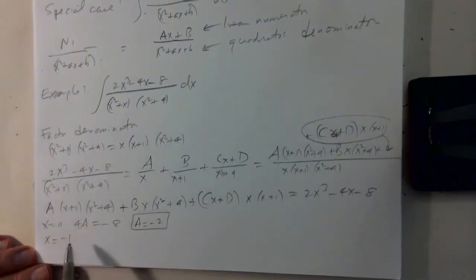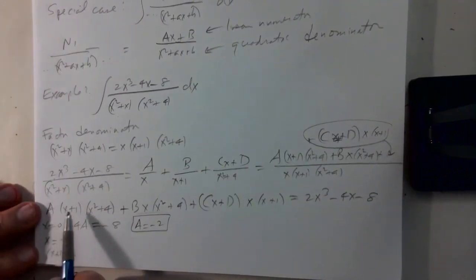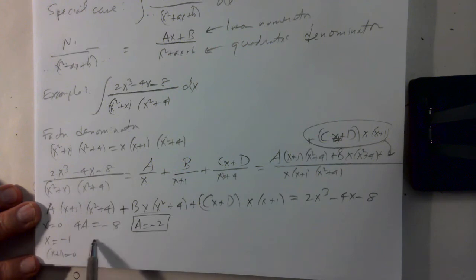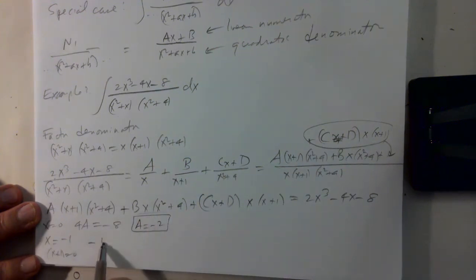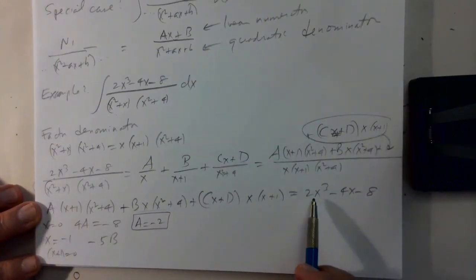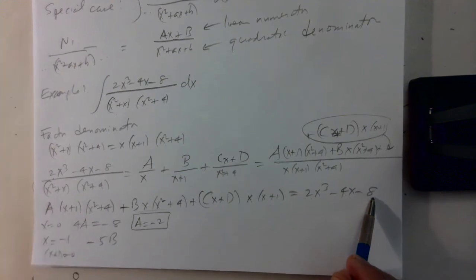If we let x equal minus 1, so x plus 1 is 0, these terms are 0. So when x is negative 1, we get minus b times 5, minus 5b. And when x is negative 1 over here, we get minus 2 plus 4, that's 2, minus 8 is minus 6.